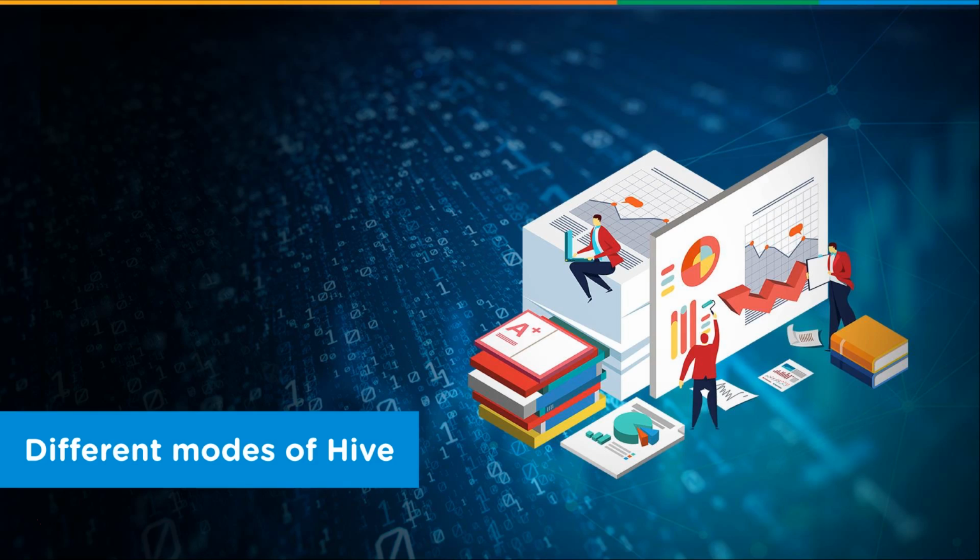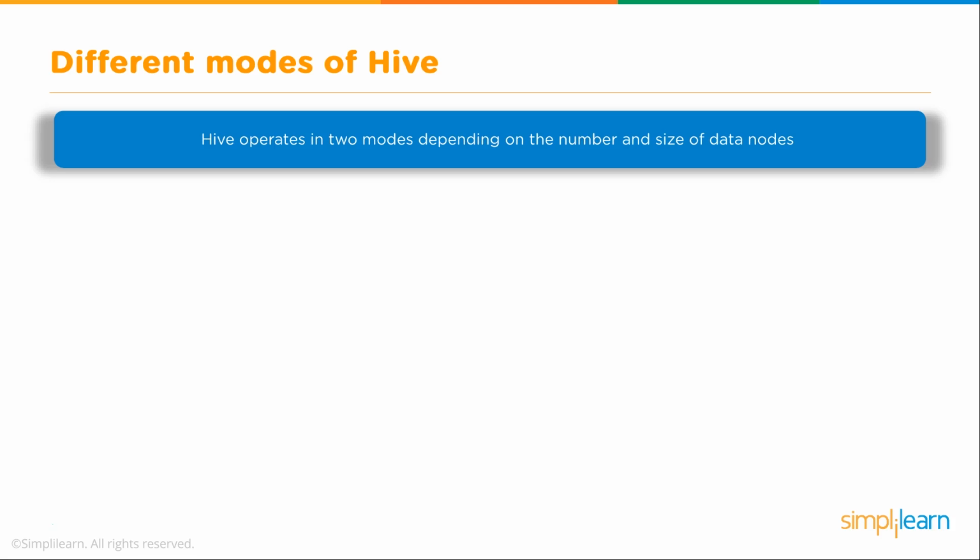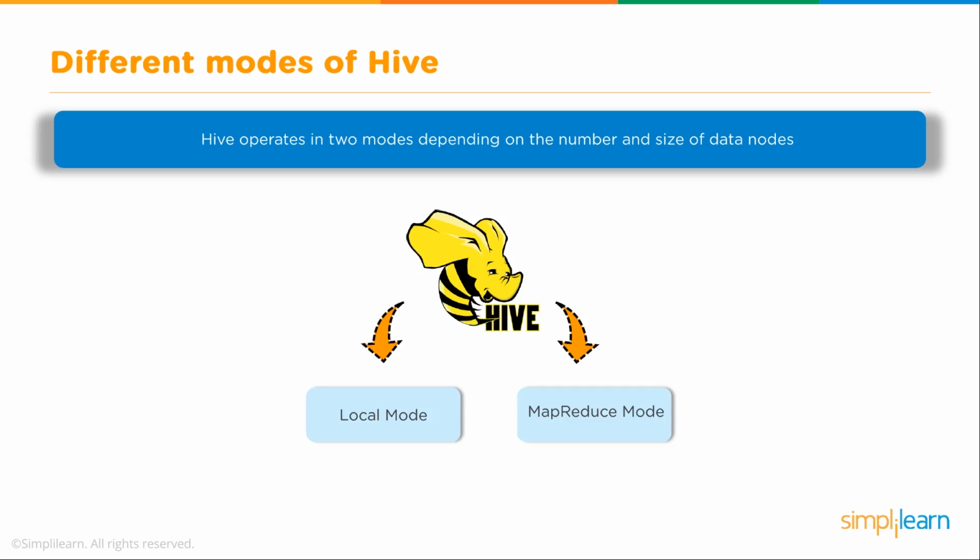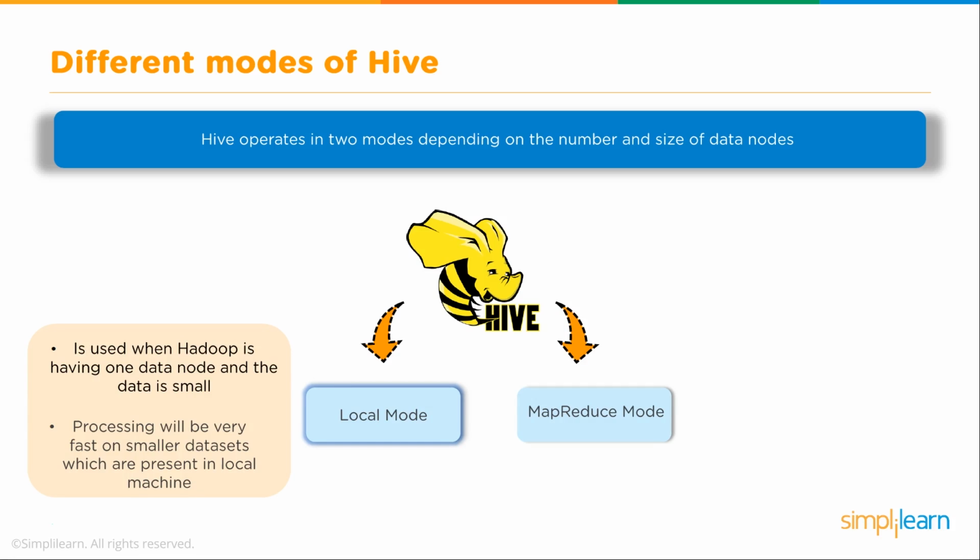Different modes of Hive. Hive operates in two modes depending on the number and size of data nodes. We have our local mode and our map reduce mode. When we talk about the local mode, it is used when Hadoop has one data node and the data is small. Processing will be very fast on smaller data sets, which are present on the local machine. This might be that you have a local file of stuff you're uploading into Hive, and you need to do some processing on it.